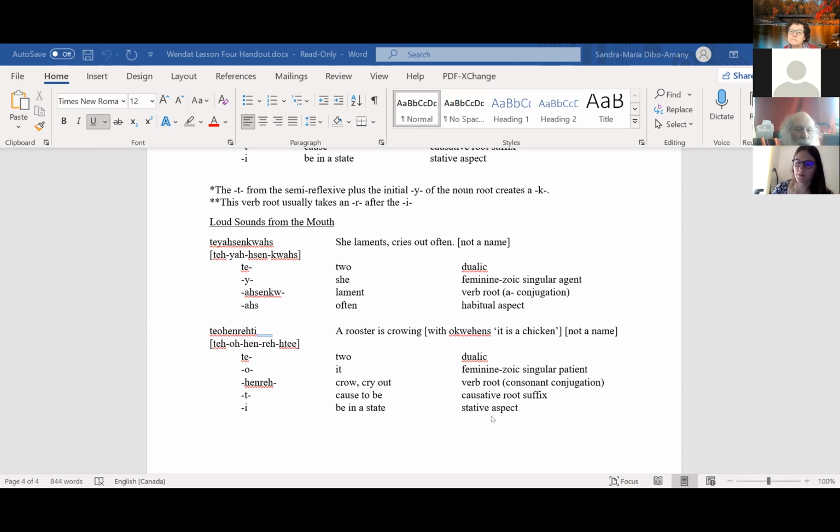And there were good dictionaries of Wendat before there were good dictionaries and grammars of English. I can say that because I've seen 17th century dictionaries of English. They're garbage, they're horrible, but not as good as this.